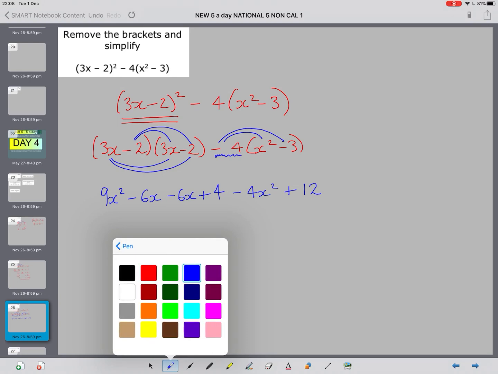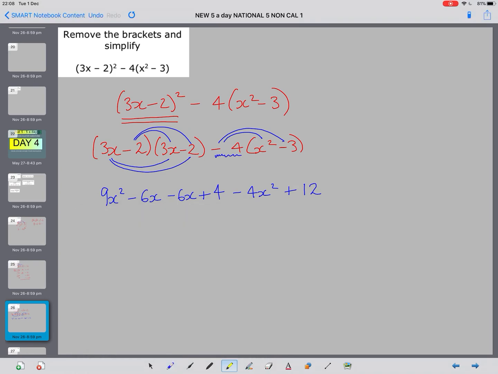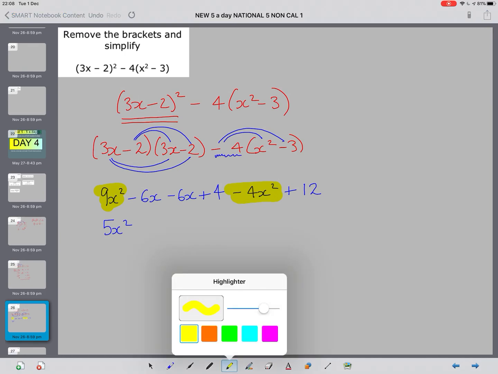And then you're just going to tidy everything up here. So if I can highlight the x squared first of all. So you've got 9x squared and -4x squared. So that would give you 5x squared. And then you have got the x's.